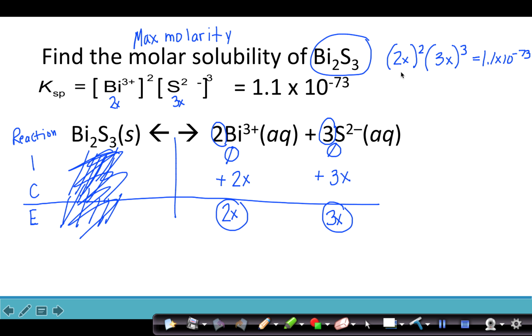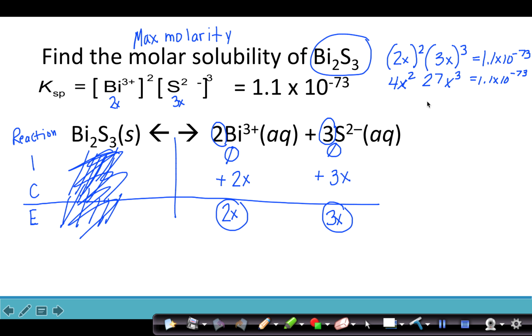Be very careful when you simplify these, because this one is 4x squared, but this is 3 cubed times x cubed, which is actually 27x cubed, and still equal to 1.1 times 10 to the negative 73.